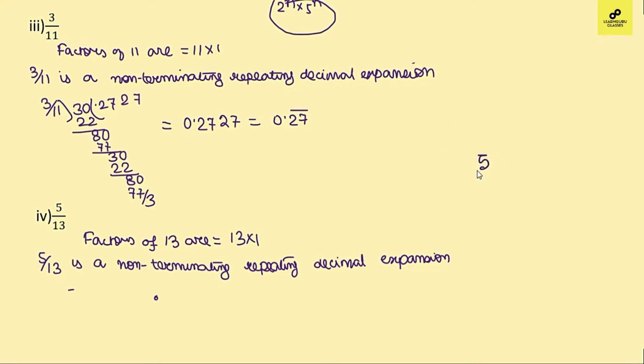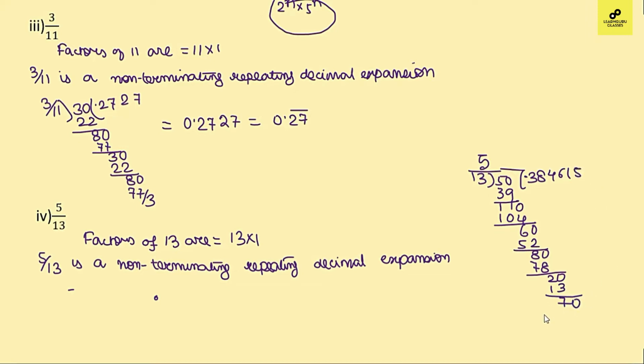So 5 by 13, 13 3s are 39, 1 1 0. 13 8s are 104, 60, 13 4s are 52, 80, 13 6s are 78, 20, 13 1s are 13, 70, 13 5s are 65, 50, again 13 3s are 39, 110.